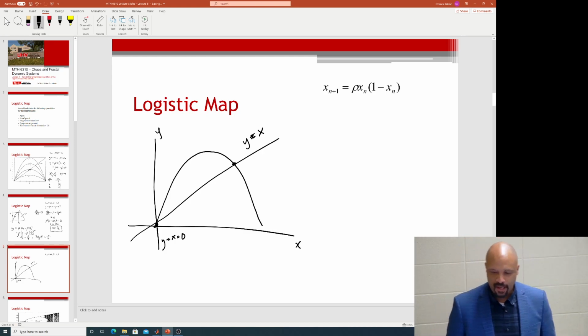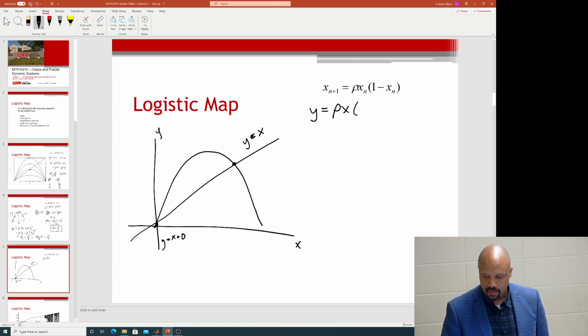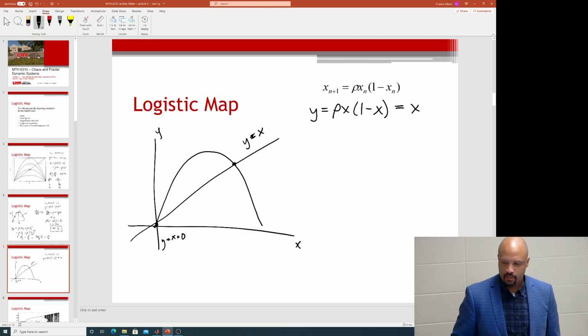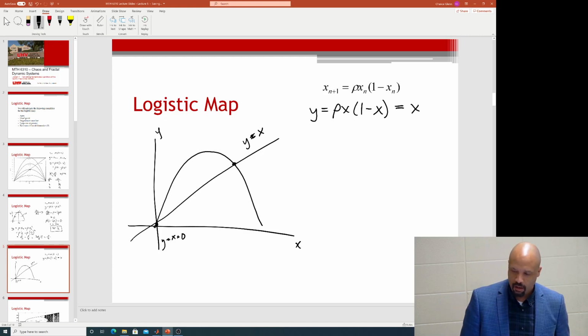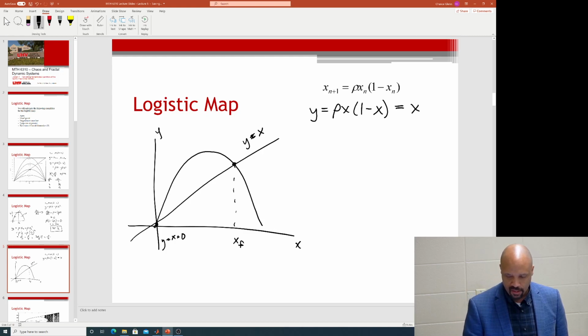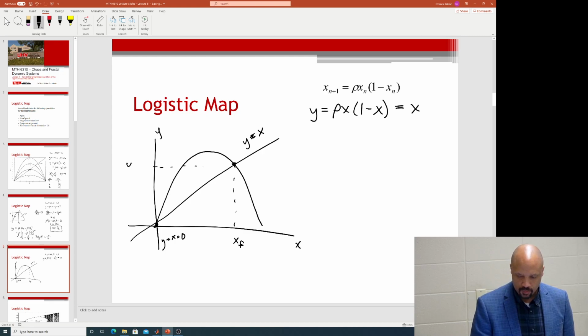Well, again, we're going to just say y equals rho x times 1 minus x is equal to x. Where is that point? And then we're going to solve for that point. And we'll call this point xf for fixed, and that'll be yf for the fixed point.